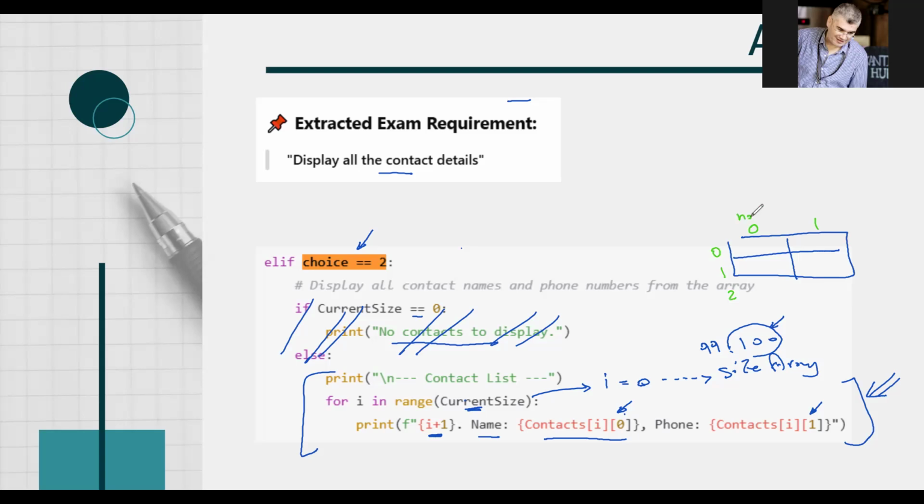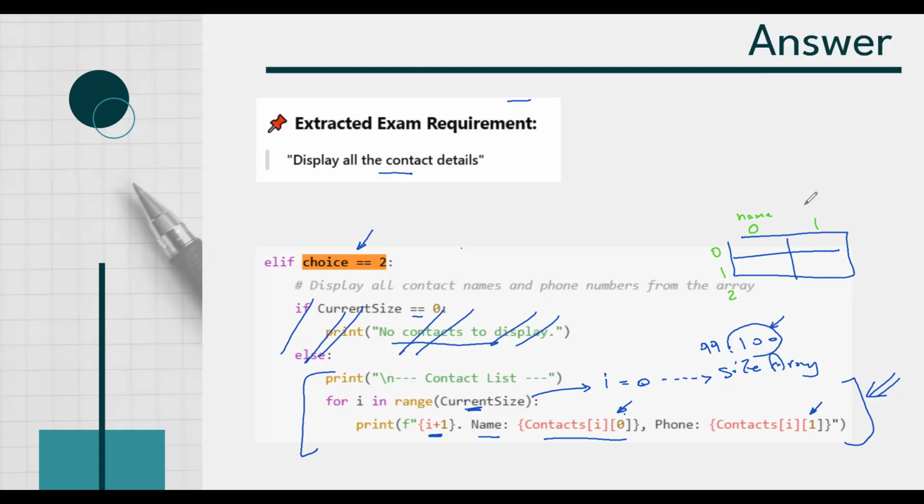Here we're going to see the name, and here we're going to see the phone. So whatever name is here, we're going to print it here. When I equals 0, you will find yourself looking at the first row, and then you put whatever phone number is here, and then you print it out. That is how you get it out.